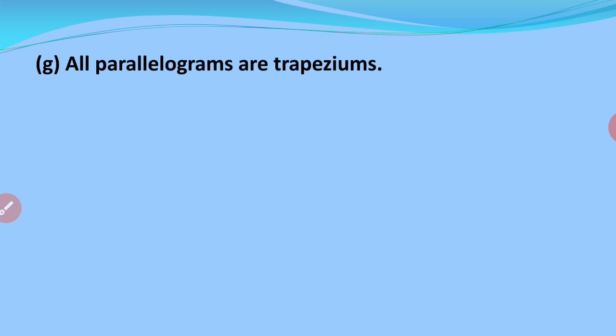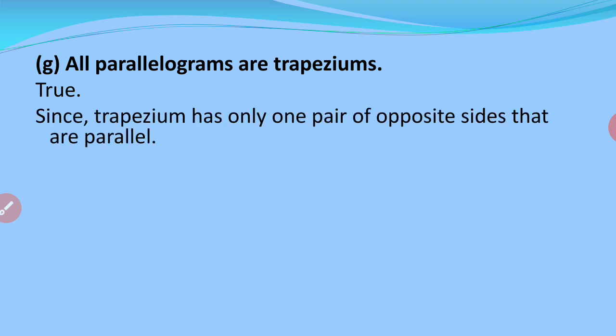All parallelograms are trapeziums. True, because in a trapezium one pair of opposite sides is parallel, whereas in a parallelogram both pairs of opposite sides are parallel. So the properties of a trapezium easily fit into the properties of a parallelogram. That is why the statement is true.